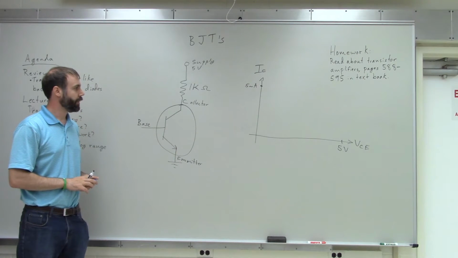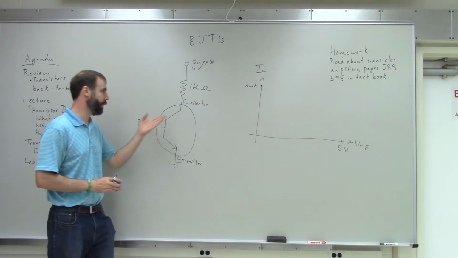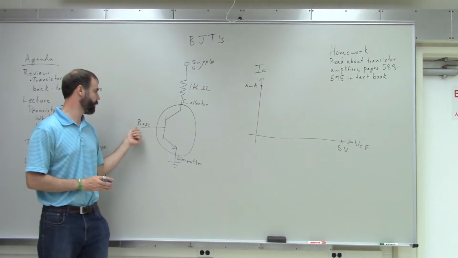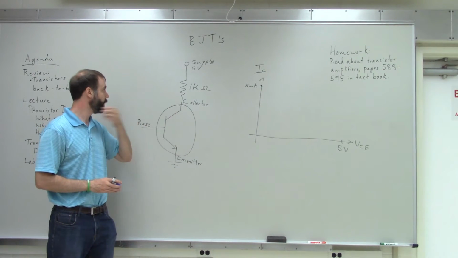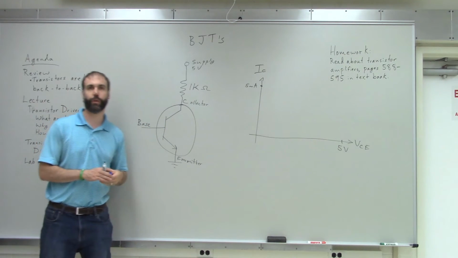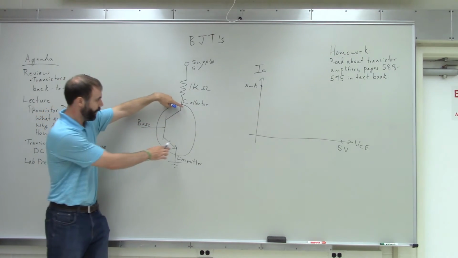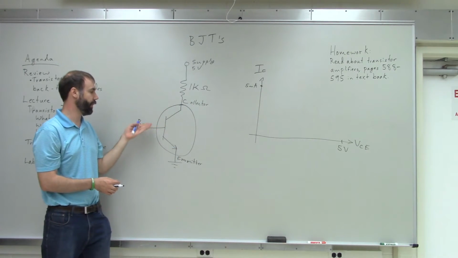Now what we could do is we could plot a whole bunch of points in between. So we could start putting a little bit of current in here, turning the transistor on just a little bit and measuring the voltage between the collector and the emitter, and then slowly increase the current.